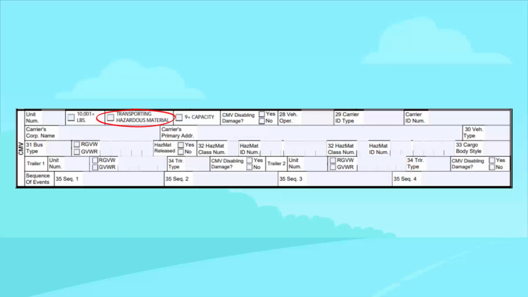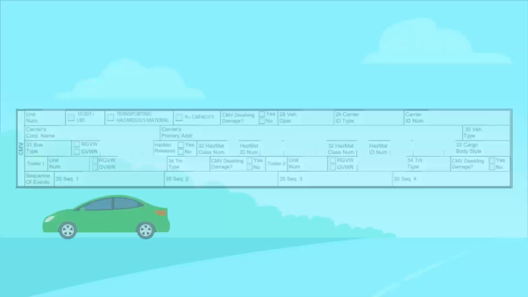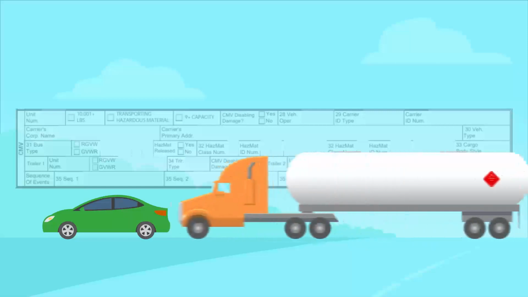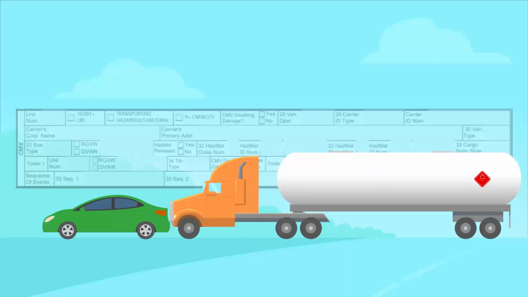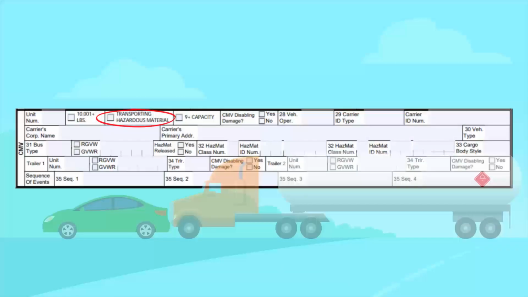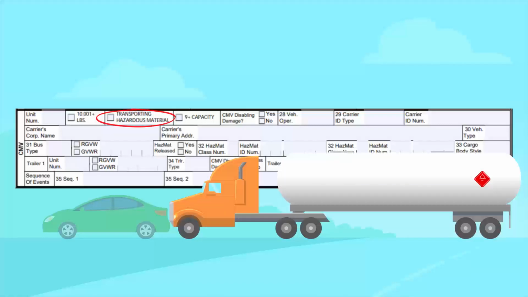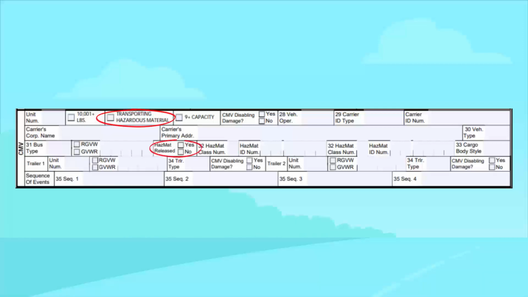The Transporting Hazardous Material indicator in the CMV section must be checked whenever any motor vehicle transporting hazardous materials that is required to be placarded under the Hazardous Materials Transportation Act is involved in a crash. This box must be selected when indicating the vehicle or truck-trailer combination that was transporting the hazardous material. If this box is selected, the Hazmat Released, Hazmat Class Number, and Hazmat ID Number fields must be completed.